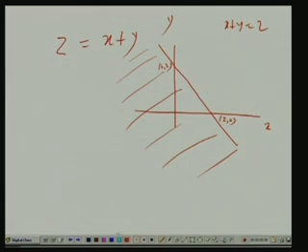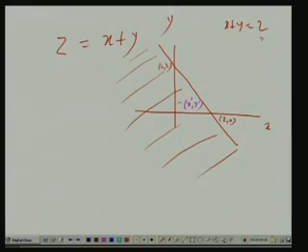That is, if you take any point here, say x prime, y prime, obviously x prime plus y prime will be less than z. Because x prime plus y prime, if you call it a constant, say z prime, will correspond to a line like this, and this is z prime. Obviously, that is less than z.